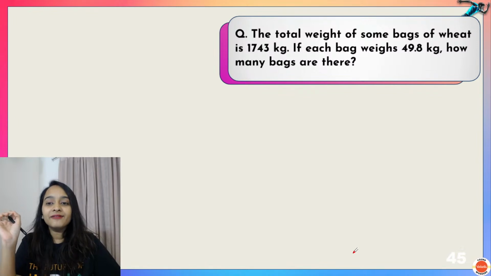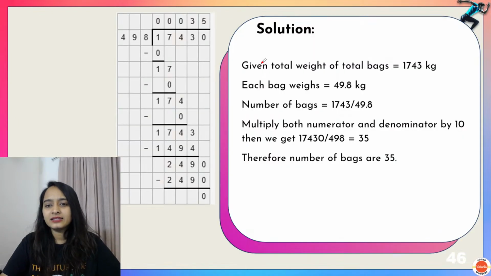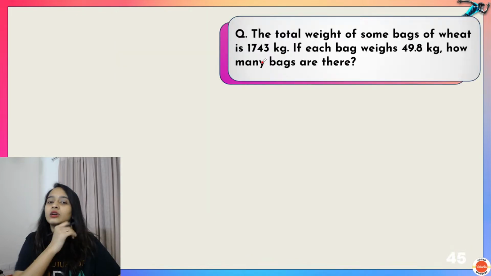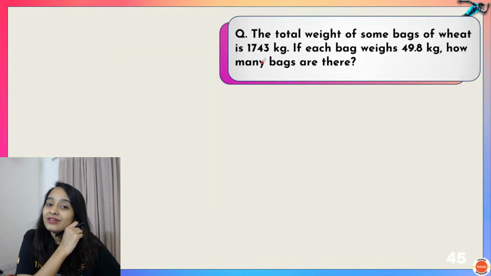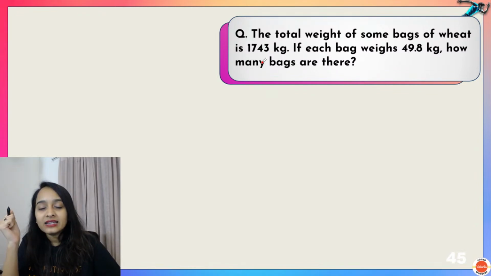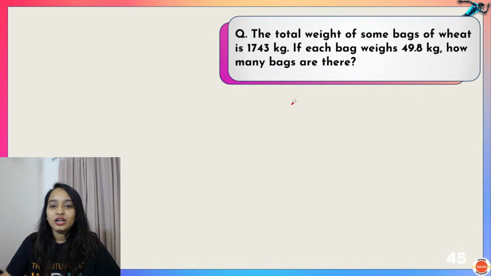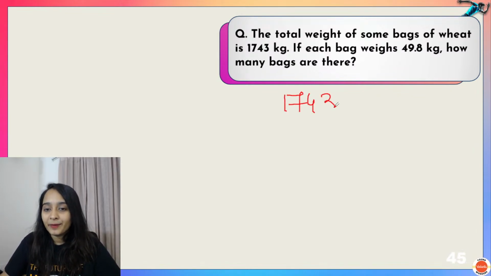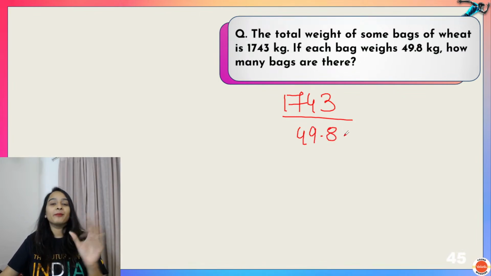The total weight of some bags of wheat is 1743 kg. Each bag weighs 49.8 kg. How many bags are there? Total weight of the bags divided by the weight of each bag will give you the number of bags.